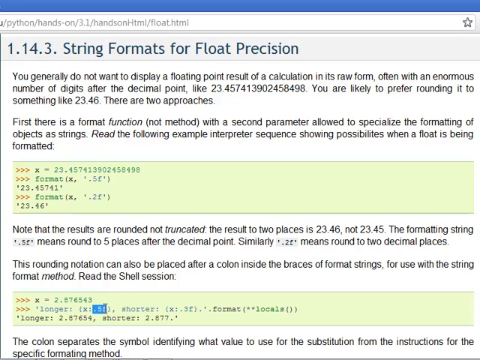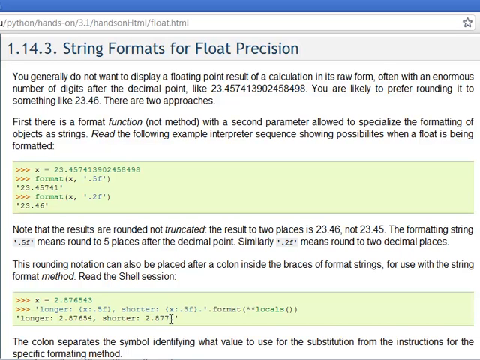The 0.5f means this number should be a floating point number, and we're going to represent it with 5 places after the decimal point. And similarly, we could represent it with 3 places beyond the decimal point. Again, there's the colon and then the formatting information. And if you look at the output, you see here we've got the 5 places.